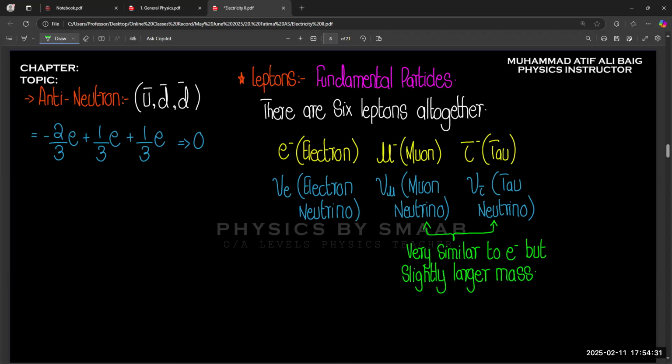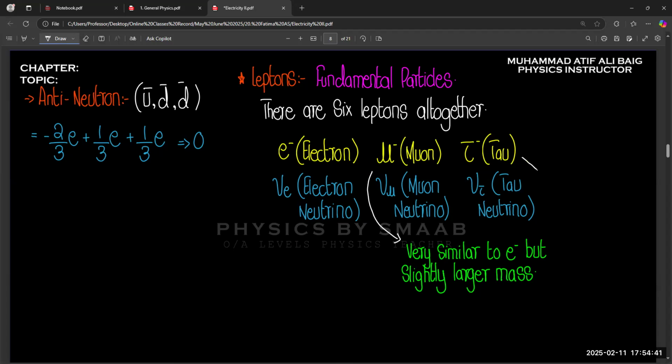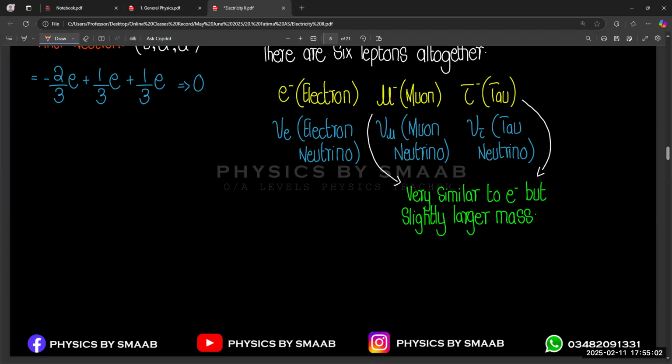And if we talk about these special categories, especially neutrinos, basically neutrinos are the most abundant leptons in the universe because they have no charge and almost negligible mass. And why are they most abundant?